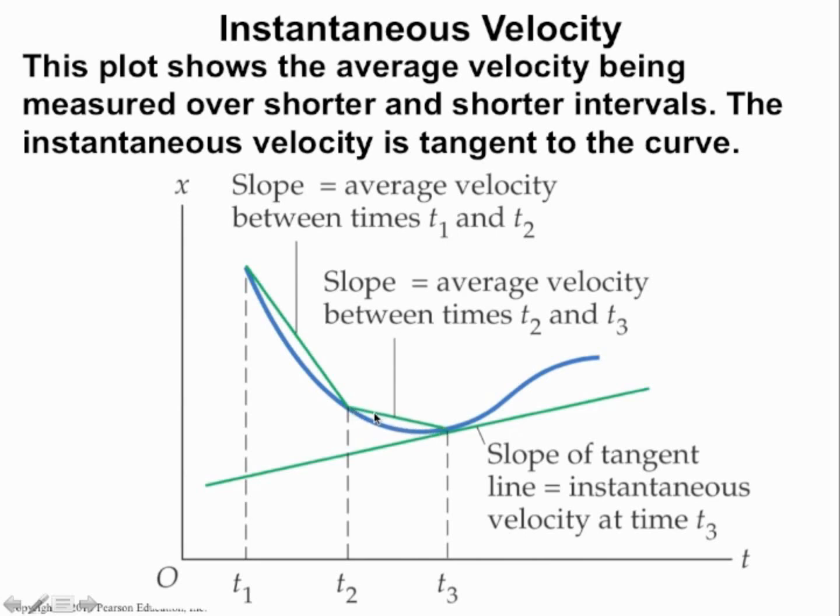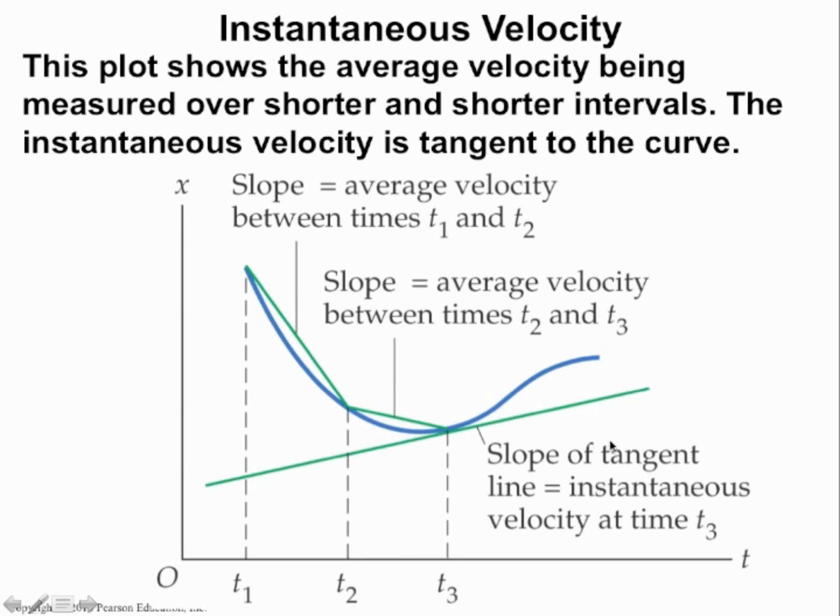But the rise, which I'm tracing now with the mouse arrow, is the difference in position between T2 and T3, because on this graph the y-coordinate represents position, whereas the x-coordinate represents time.